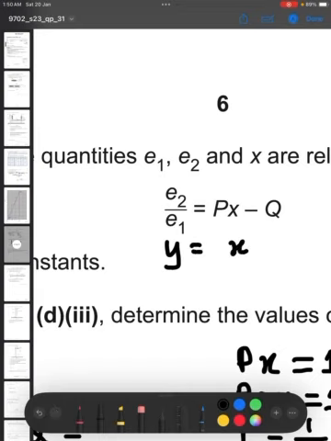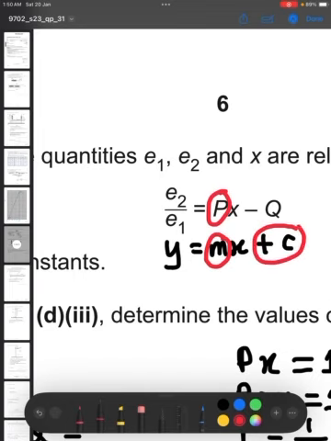And the graph that we found was a straight line, meaning that it will obey the equation of a straight line. So the graph of E2 over E1 that we drew against x was a straight line graph, meaning that if we compare things from this equation, this m should give us P, and this plus c should give us minus Q. Who is m? m is the gradient of that graph.